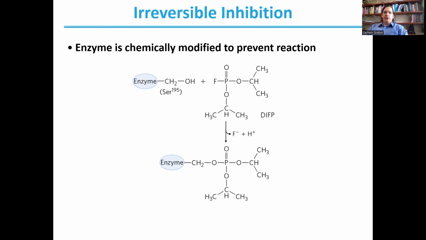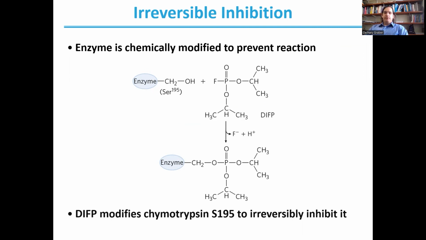Let's compare that to our irreversible inhibition. An irreversible inhibition, again, would require our enzyme to be chemically modified in order to prevent our reaction. A good example of this is our chymotrypsin enzyme that helps to digest proteins by cutting up our peptide bonds.